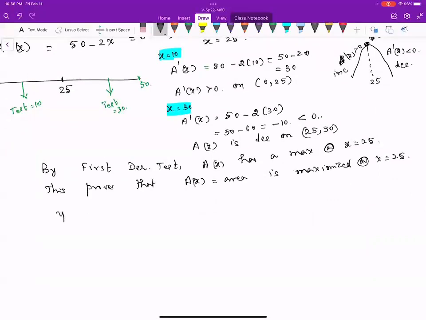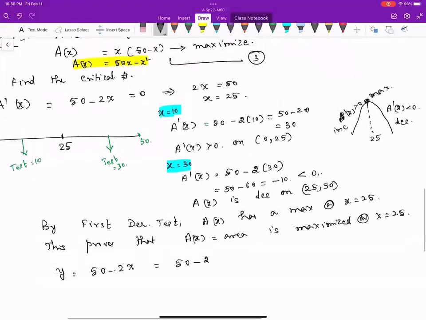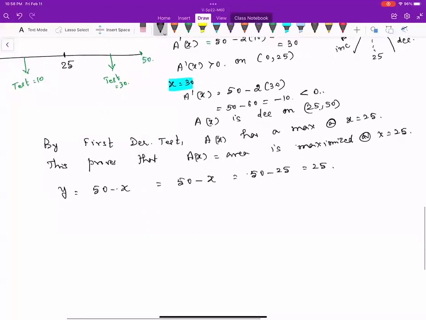So if x was 25, what is y equal to? y equal to 50 minus x. So it is 50 minus 25, which is equal to 25 also. So x is 25, y is also 25.